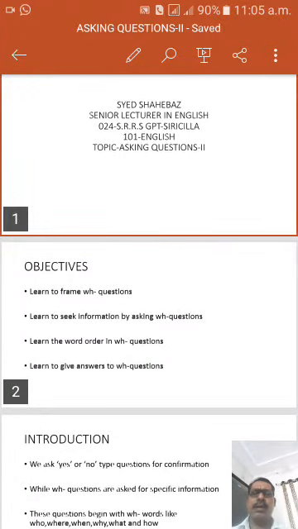So the word order for a statement and for a question are different. In a statement, the word order is subject plus verb. In a question, the word order is verb plus subject.